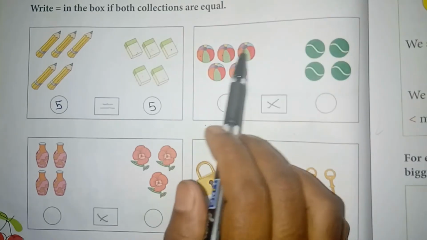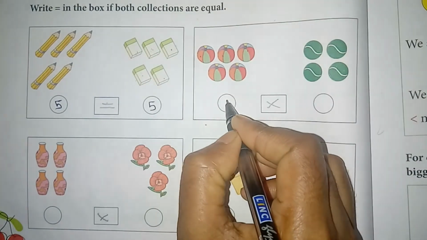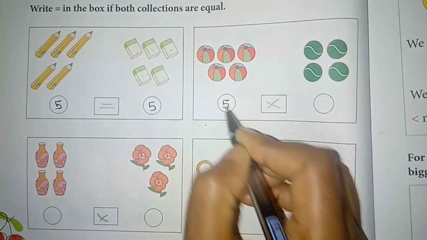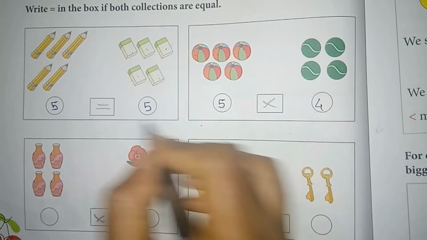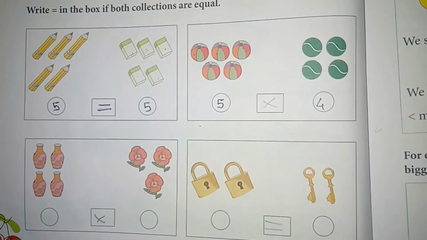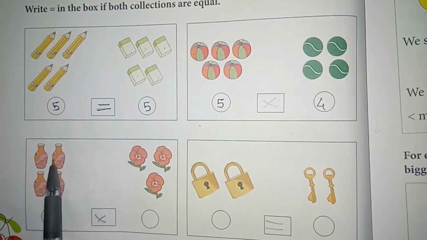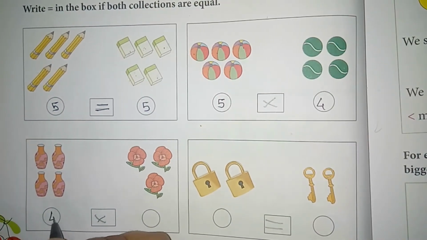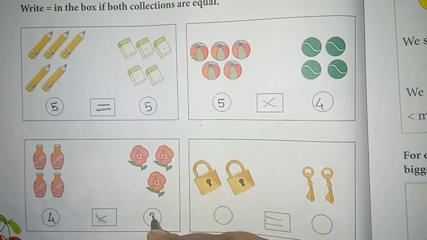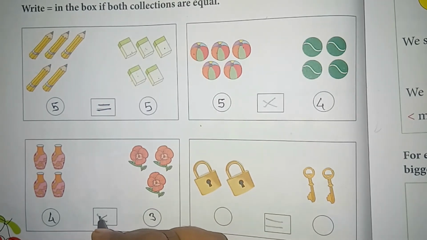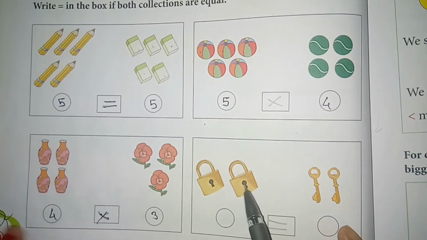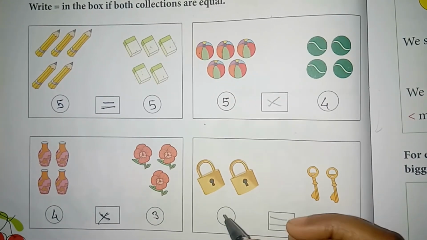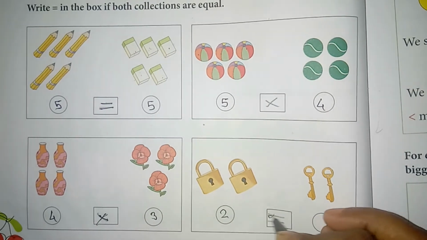Yes. 1, 2, 3, 4. So this is not equal. This is equal. We have put the same sign. See, 1, 2, 3, 4. 1, 2, 3. This is not equal. Yes. There are two locks, two keys. So these are equal.